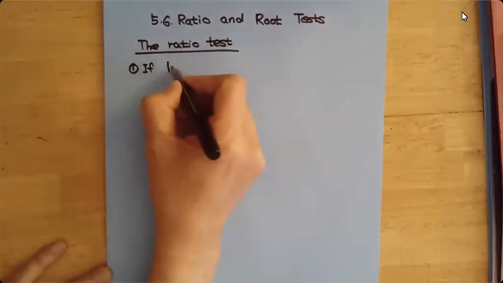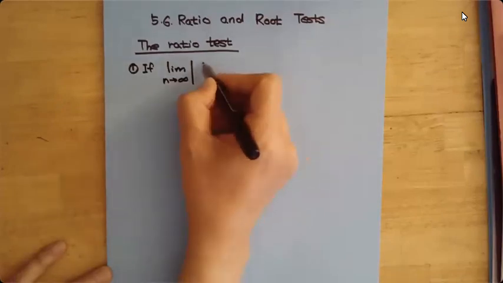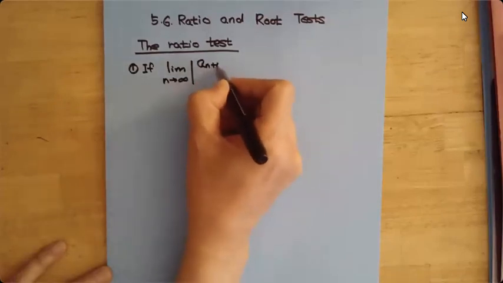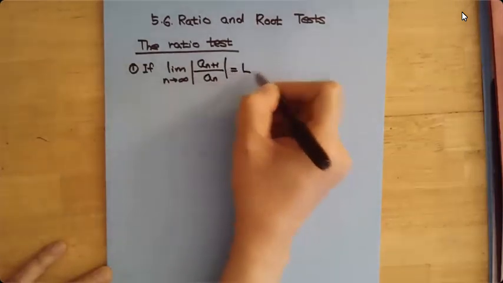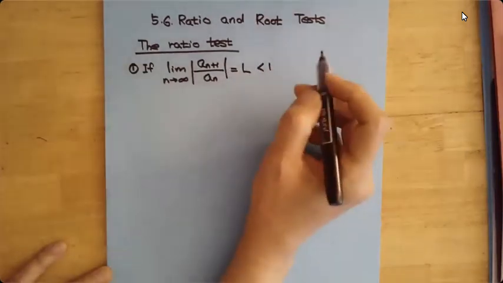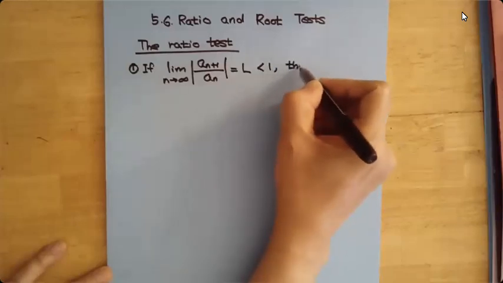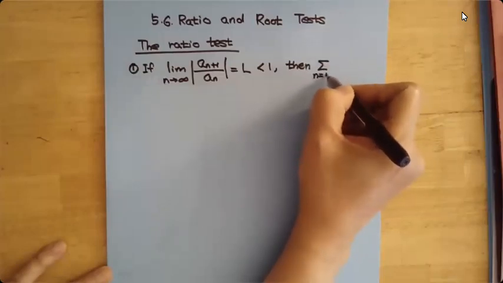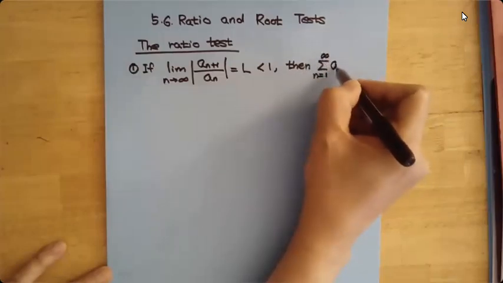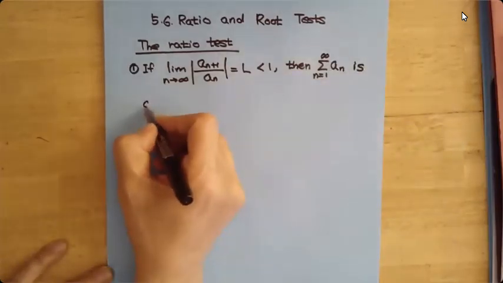If the limit as n goes to infinity of the absolute value of a_{n+1} over a_n is L, and that turned out to be less than 1, then the series defined by that sequence is absolutely convergent.